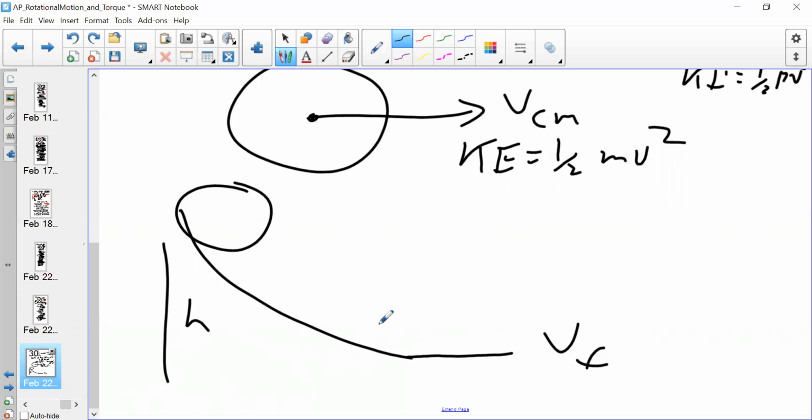So it has linear kinetic energy as well as rotational kinetic energy as it rolls. Whereas if this was just a point mass, we have a situation where it's just 1/2 mv squared. We're not considering any rotation. The radius of this object is going towards 0, whereas the radius here is much greater than 0, right? So we have two things.